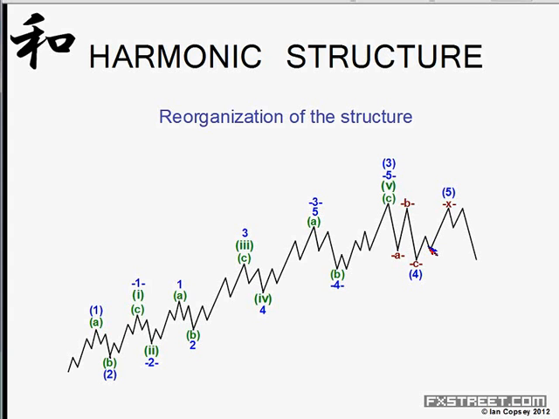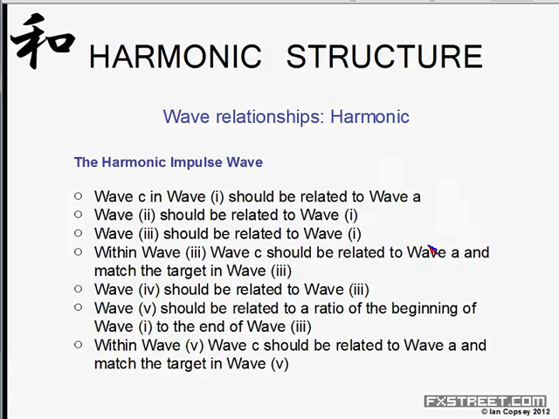Now, let's just get this up. The wave relationships, just to show you where they are. In a wave 1, wave C should be related to wave A. Everything logical about that. Wave 2 is obviously a retracement of wave 1. Wave 3 should be related to wave 1.